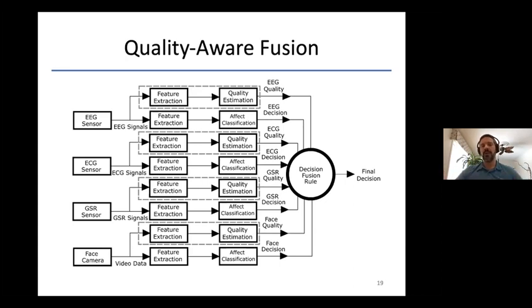So in order to build quality rules or quality decisions based on each individual sensor, and then provide that quality information to your final machine learning algorithm, that's very important when you talk about in-the-wild affective computing. We spend a lot of time building these quality metrics for different modalities so that we can then fuse them at the end.